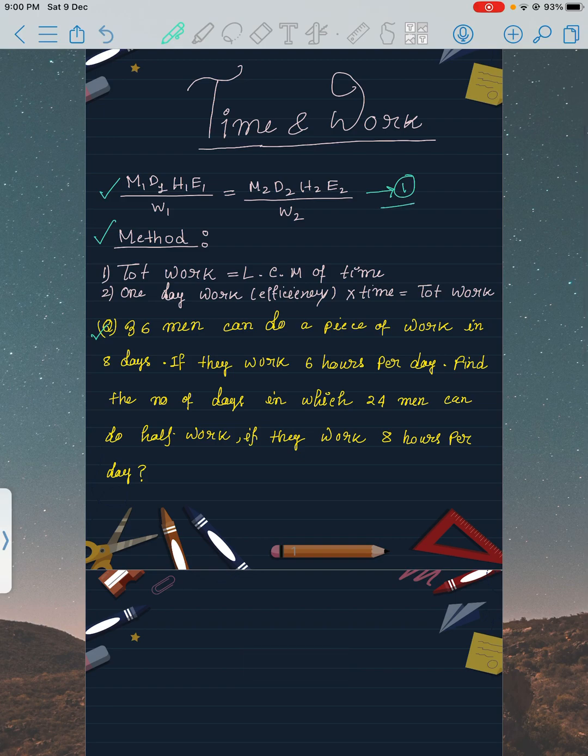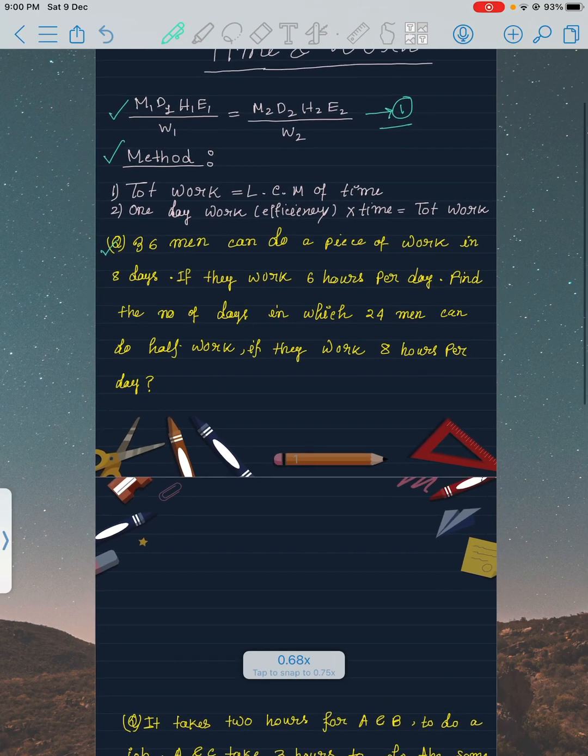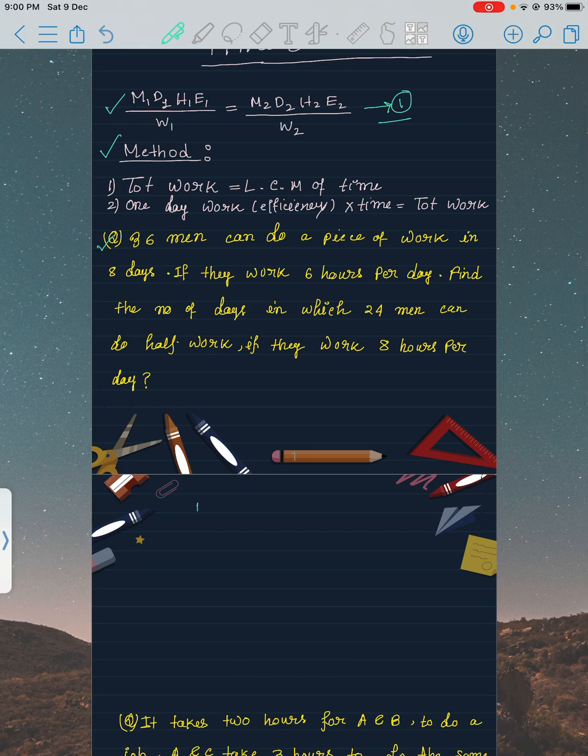This is question number 1, formula number 1. So I write this m1 d1, we need not write m d h and w. Now 36 men can do a piece of work in 8 days if they work 6 hours per day.